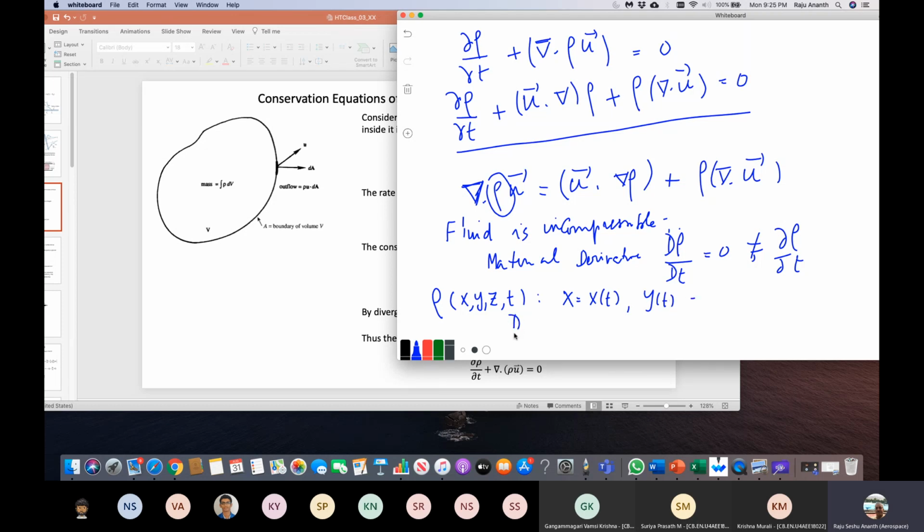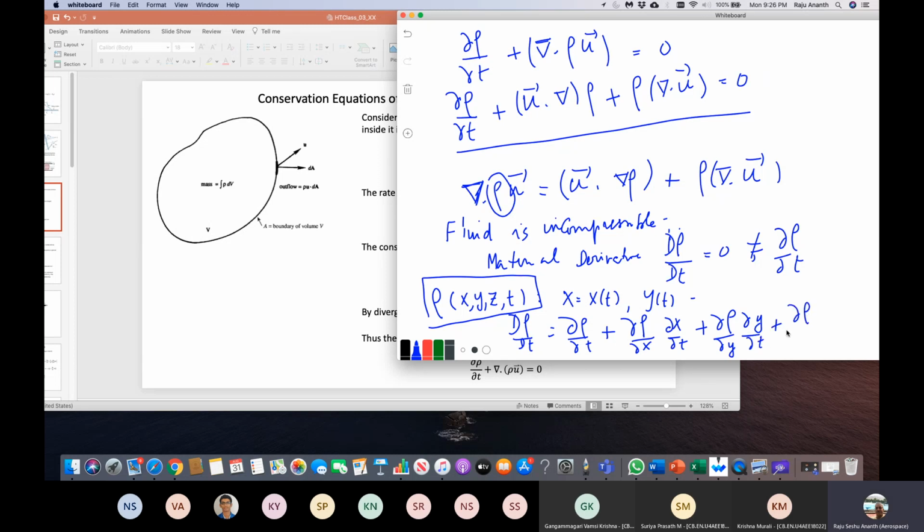So D rho Dt means I'm taking the total derivative with respect to t. So the first term will be d rho over dt, plus d rho over dx times dx dt, plus d rho over dy times dy dt, plus d rho over dz times dz dt.